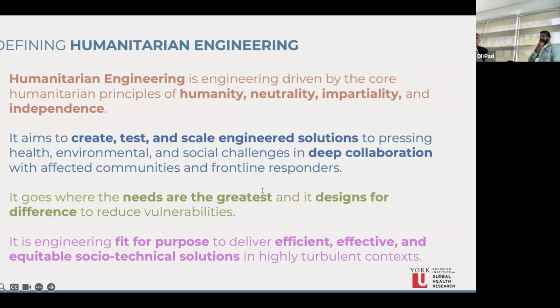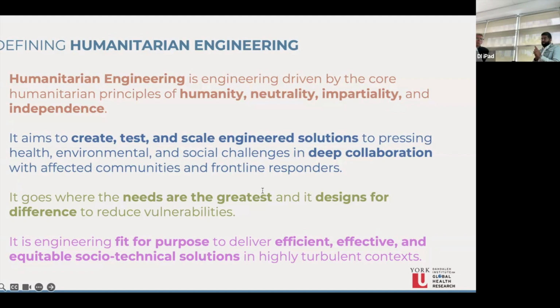So here is my aspirational view of humanitarian engineering. Humanitarian engineering is engineering that's driven by the core humanitarian principles of humanity, neutrality, impartiality, and independence. It aims to create, test, and scale engineered solutions to pressing health, environmental, and social challenges in deep collaboration with affected communities and frontline responders.